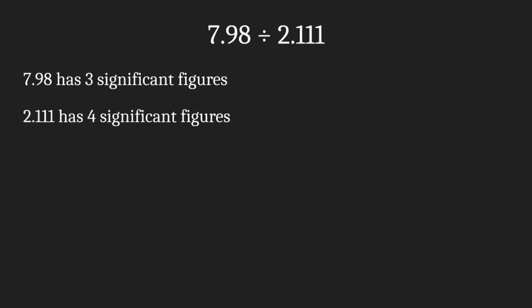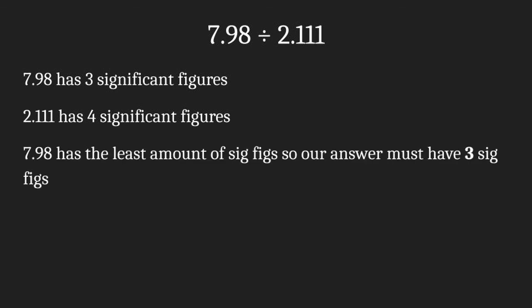Now, let's try 7.98 divided by 2.111. So 7.98 will have 3 significant figures, while 2.111 has 4 significant figures. So 7.98 has the least amount of significant figures, so our answer will have 3 sig figs, because that's as many as 7.98 has.